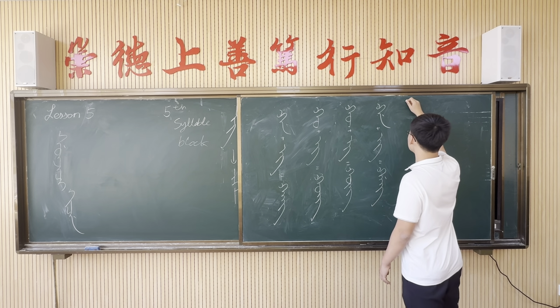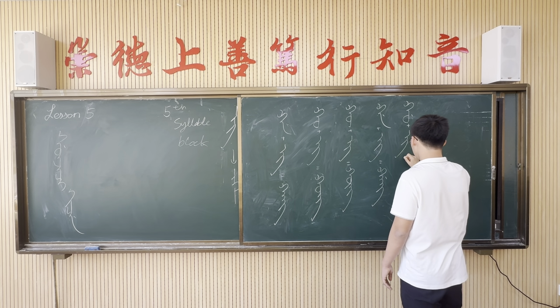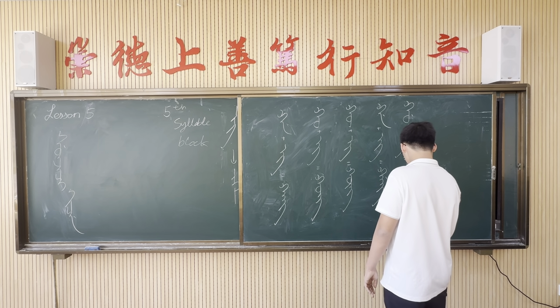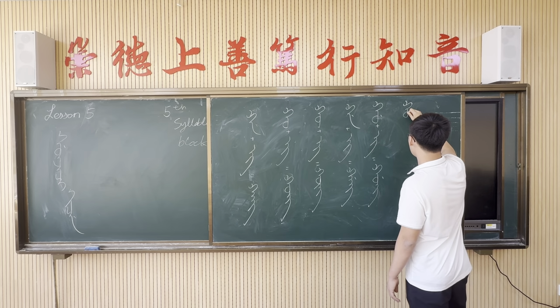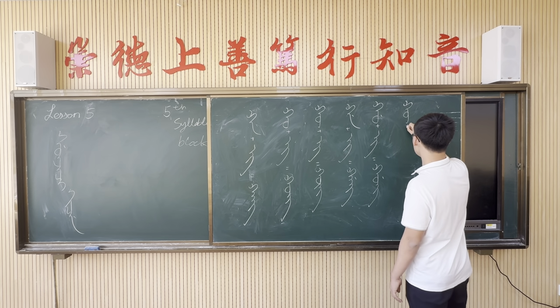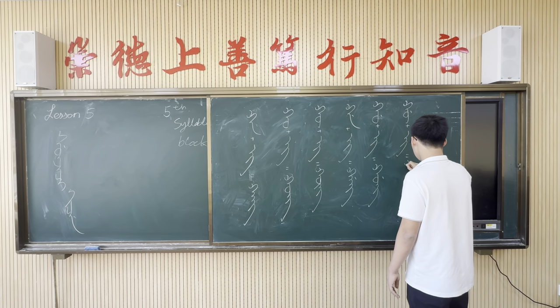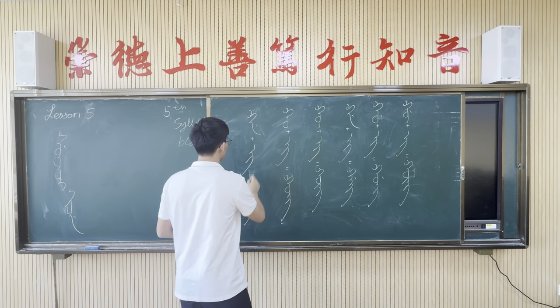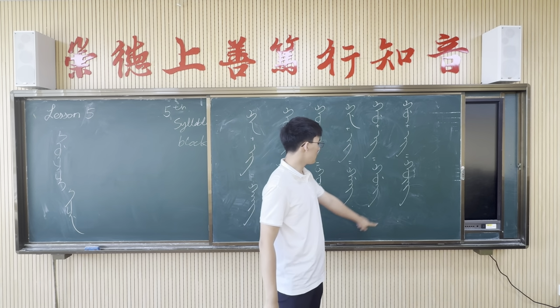For go plus ng equals gong. And then for guo plus ng equals guang. Kang, kong, kuang, gang, gong, guang.